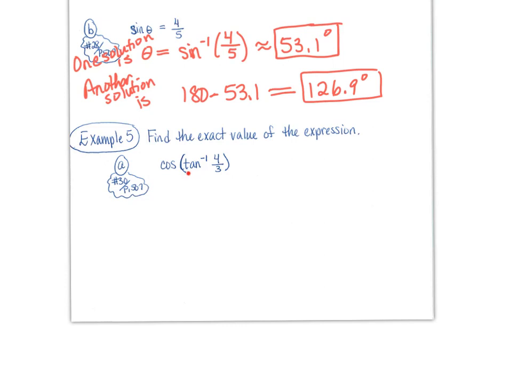Okay? So remember, for tangent inverse of 4/3, we have an angle theta where the tangent is 4/3. Do you remember that? So to draw an angle theta, this is a right triangle. An angle theta whose tangent is 4/3.